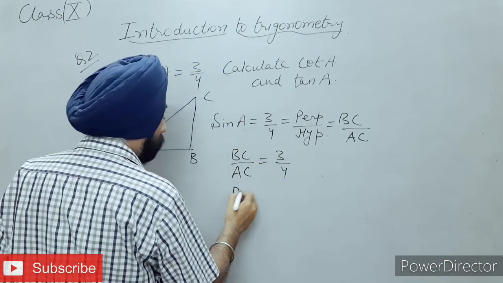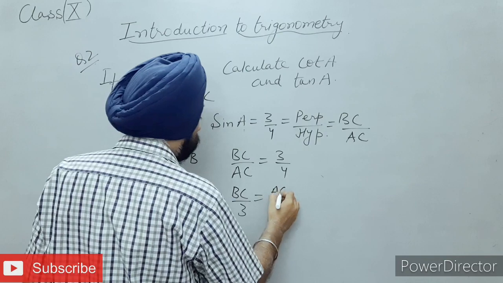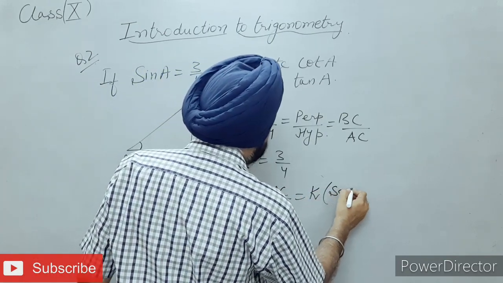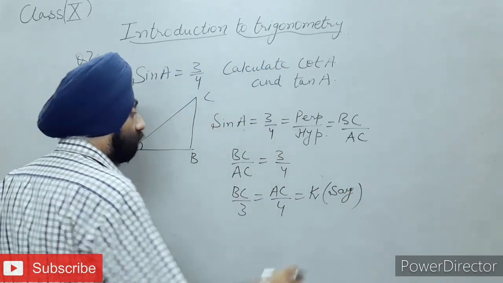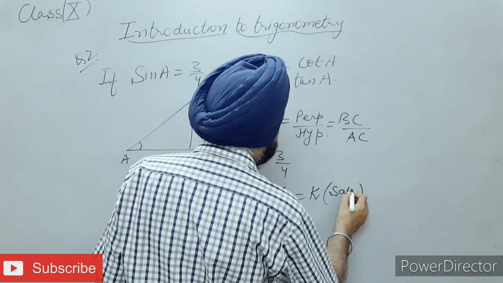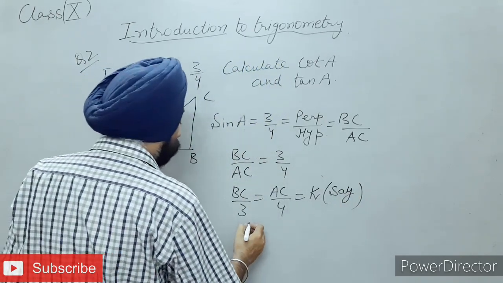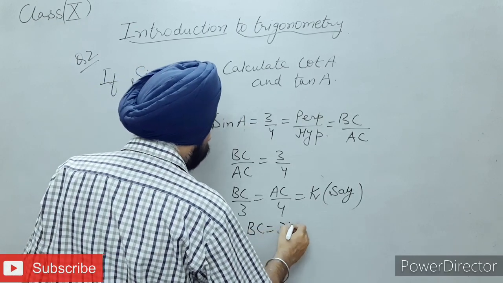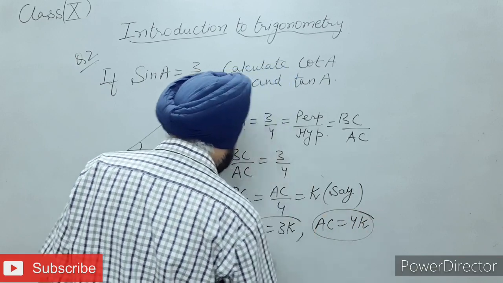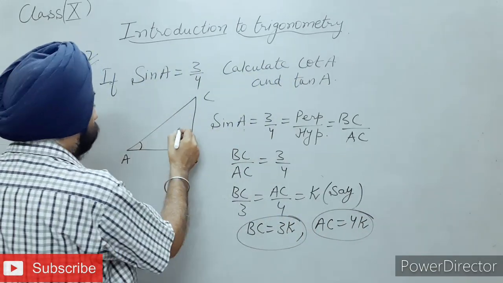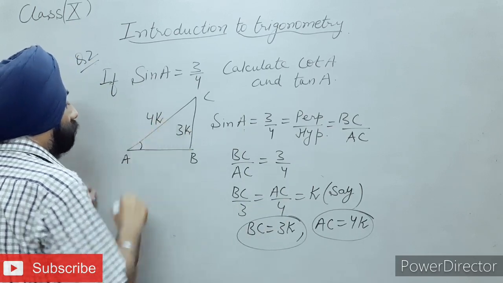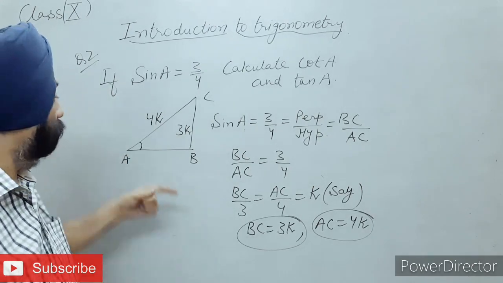I can write this as BC upon 3, AC upon 4. Let this be equal to k, where k is any real number. Now, therefore, BC becomes 3 times K and AC becomes 4 times K. Now, again apply Pythagoras theorem.